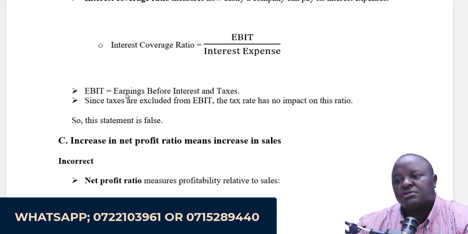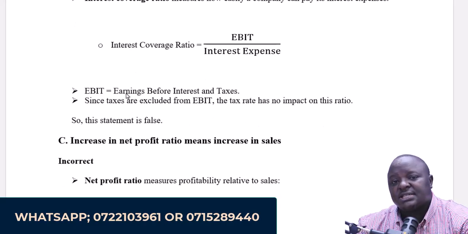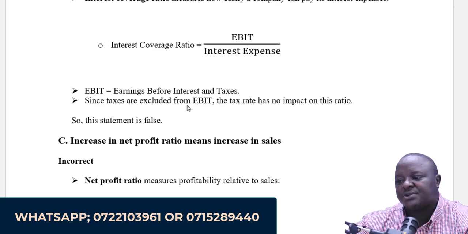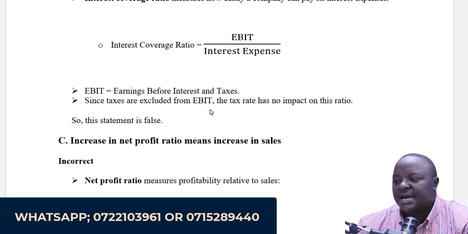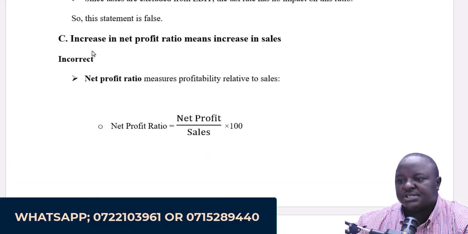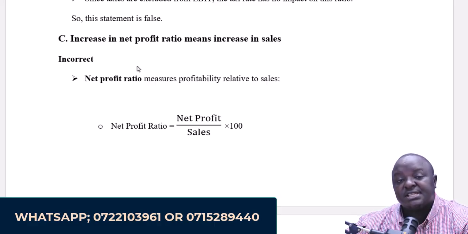Since taxes are excluded from earnings before interest and tax, the tax rate has no impact on this ratio. So this statement is false. And the other statement, which states that increase in net profit ratio means increase in sales, is incorrect.